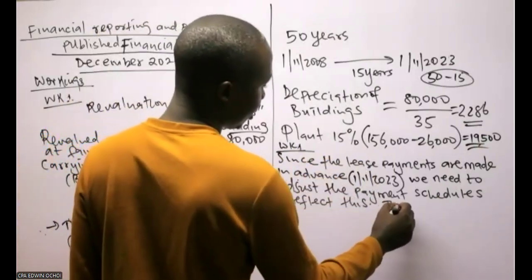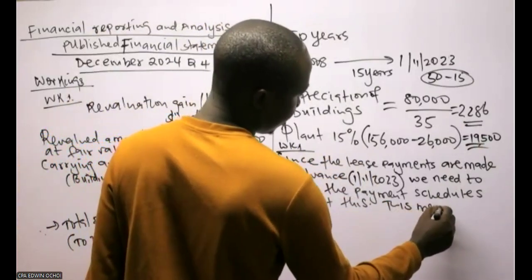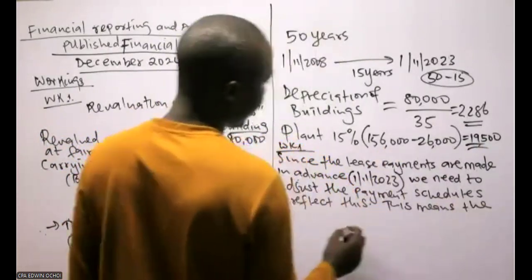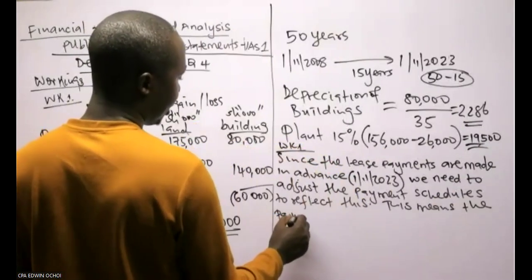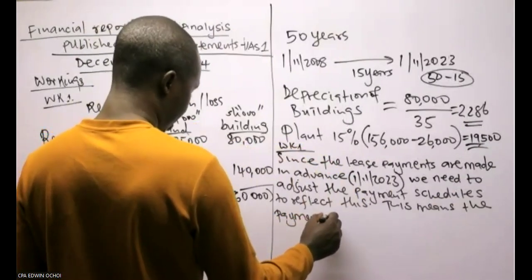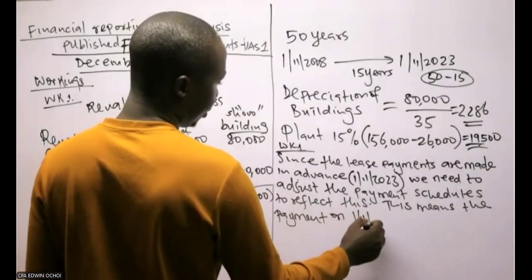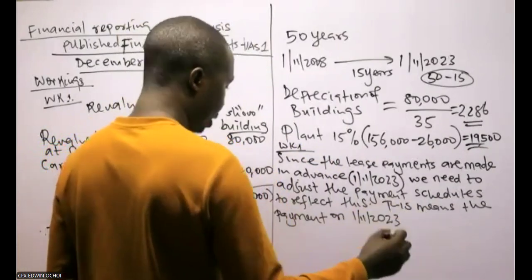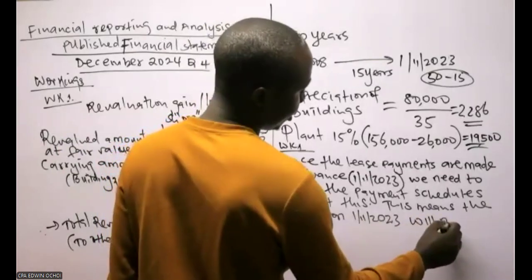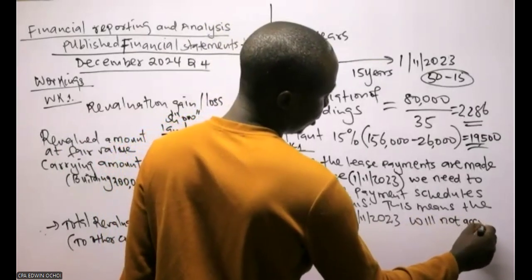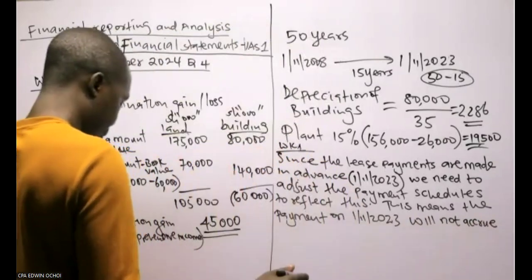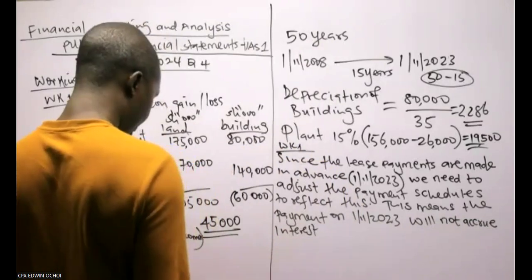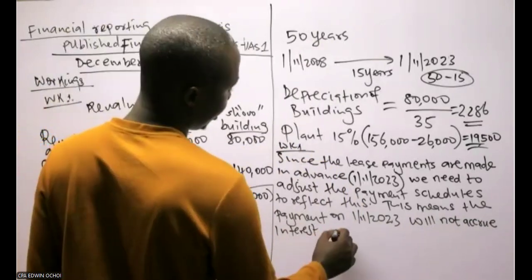This means, what does it mean? This means the payment on 1st November 2003 will not accrue interest.